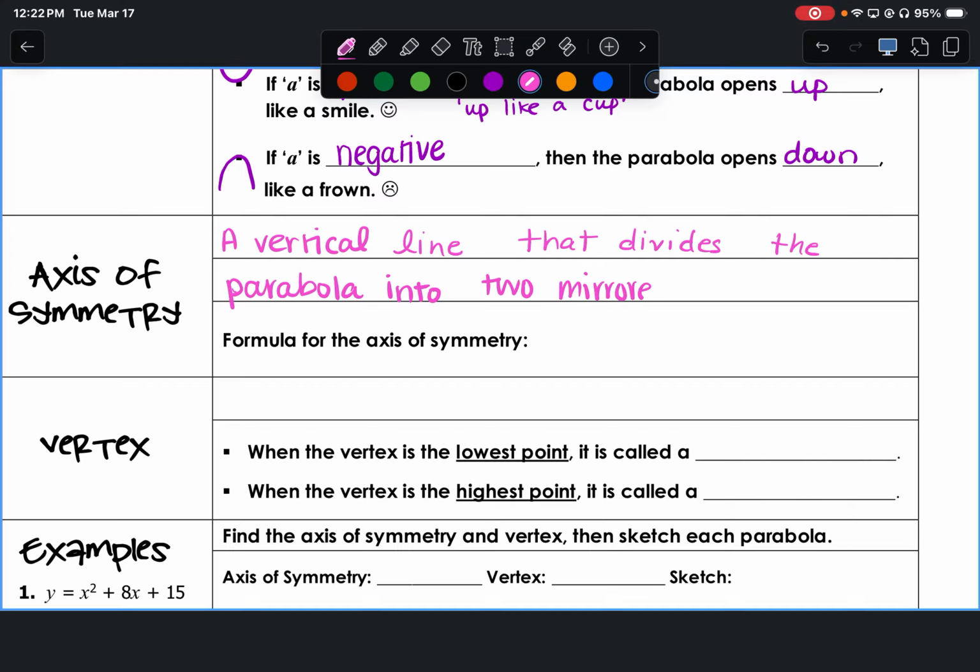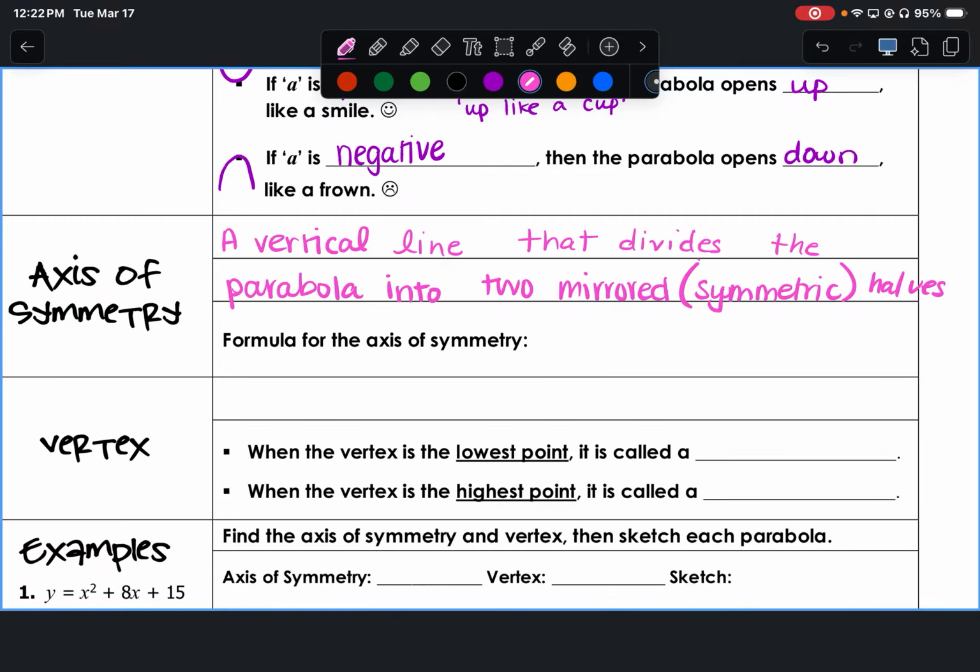Instead of the word mirrored, you can also say symmetric halves. So the axis of symmetry is essentially the middle line of a parabola.